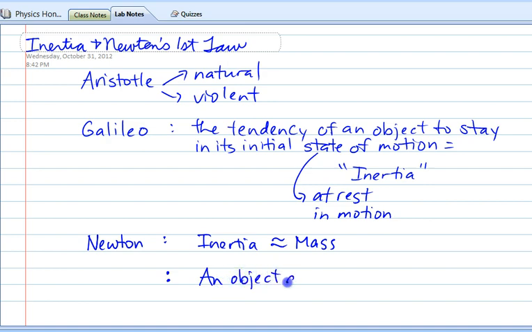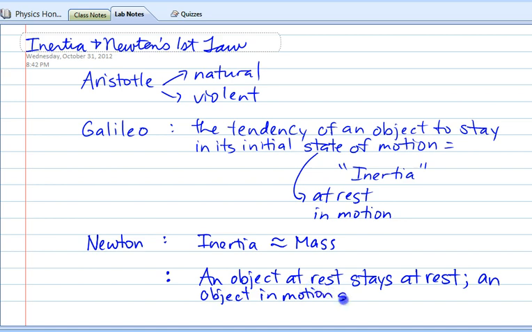an object at rest stays at rest, an object in motion stays in motion. Should probably write it like this.